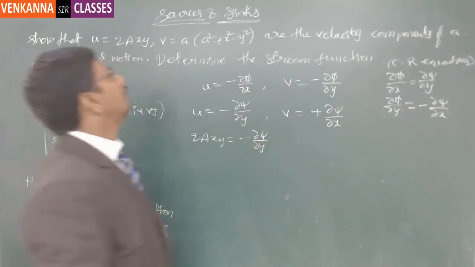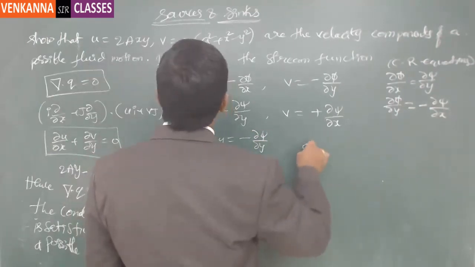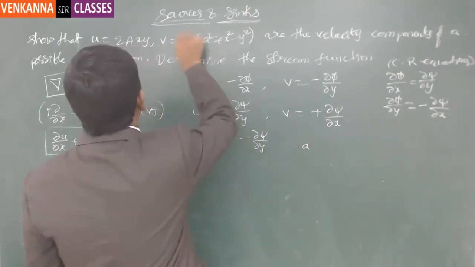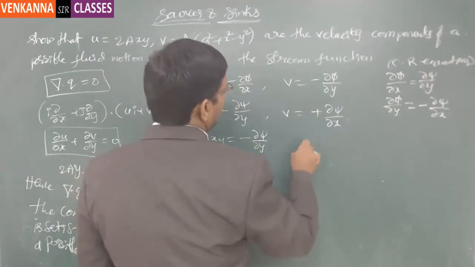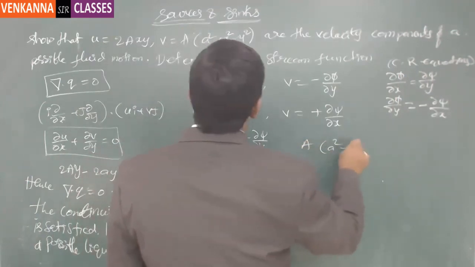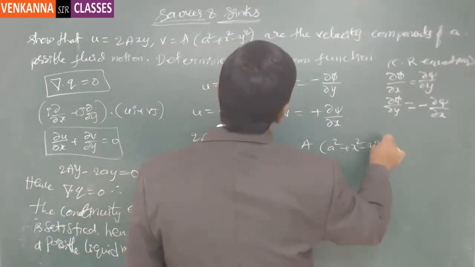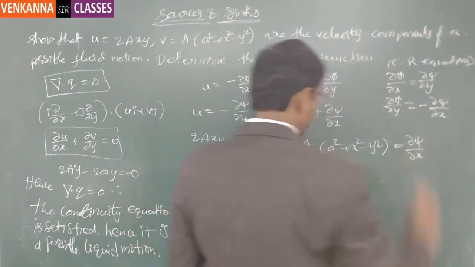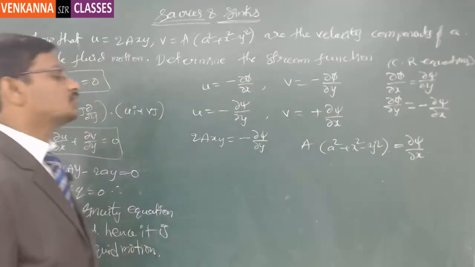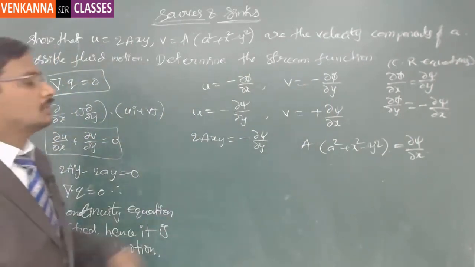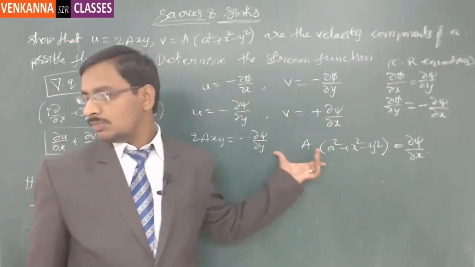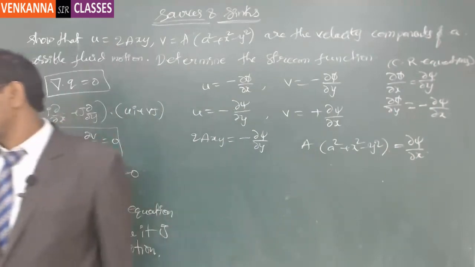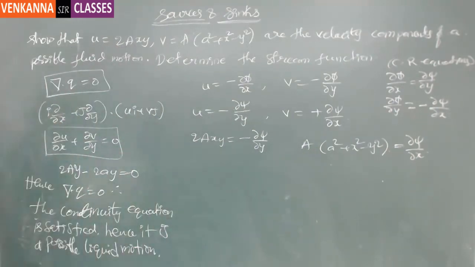Similarly, v can be equated to capital A into (a squared plus x squared minus y squared), which is equal to ∂ψ/∂x. So these are the two important relations which you can use to find the stream function psi. Both equations we have got. So Lizu, I think you have got this, right? I have clearly explained here. You check this.